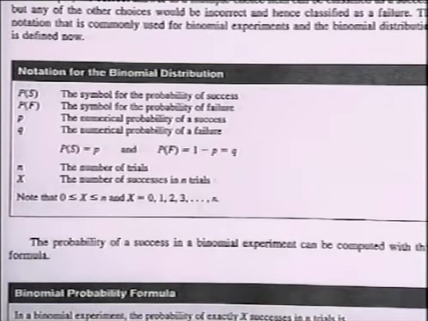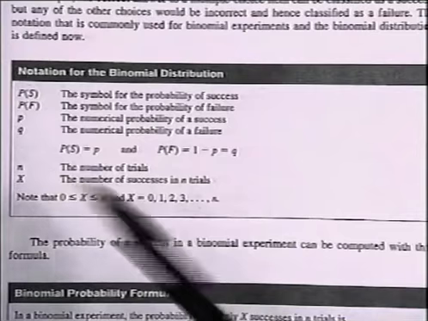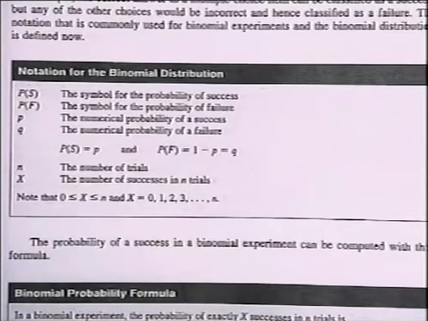If there's an 80% chance of somebody succeeding, that means there's a 20% chance they fail. If we ask how many people like strawberry ice cream and it's 40% of the population, that means 60% don't like strawberry ice cream. Now, we're going to use little n for the number of trials, and later on I'll use capital N to refer to the population you're working with. This is the notation in the book.